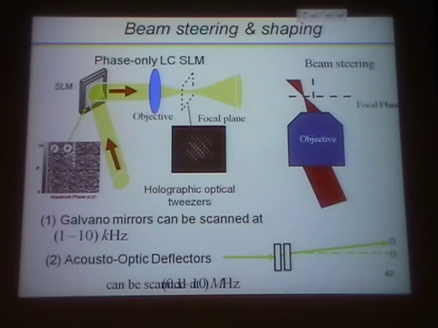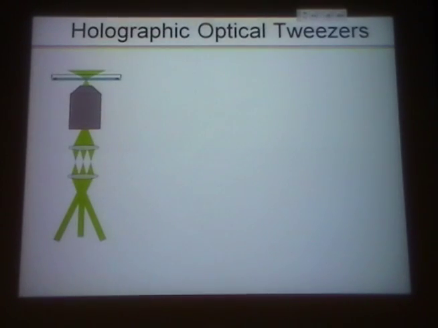Now, in order to work with not just single but multiple particles, there are two different approaches. One is to quickly scan the focused laser beam between different locations, and by means of that manipulate multiple particles. Otherwise, it's also possible to use spatial light modulators to manipulate the high intensity regions in the focal plane of the sample, and with that manipulate multiple colloidal particles.